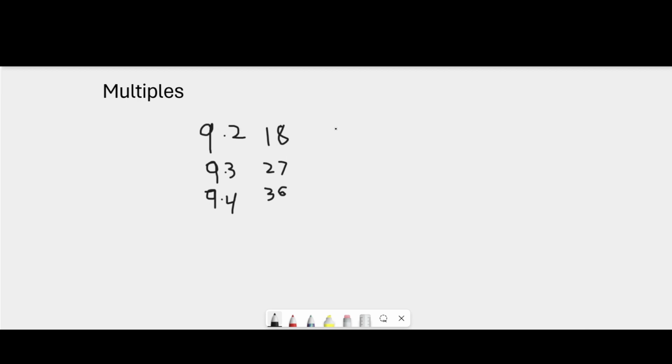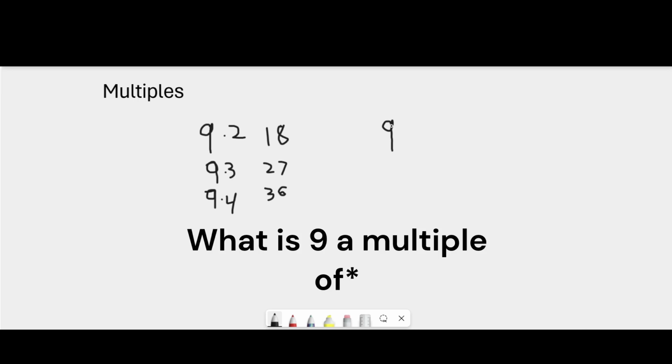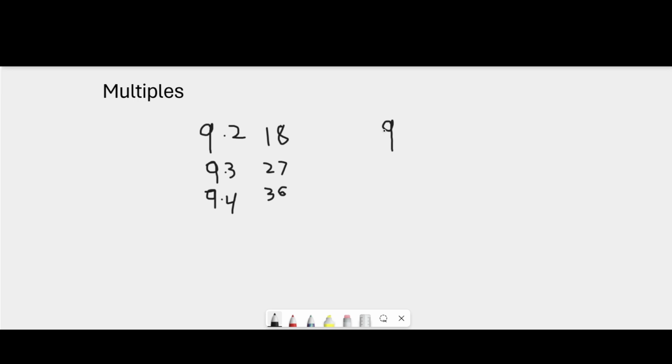But you can also look at it this way, we'll take 9 again because it's a pretty handy number for this. What is 9 a multiple of? What can you multiply to get 9? This is actually a factor pair.